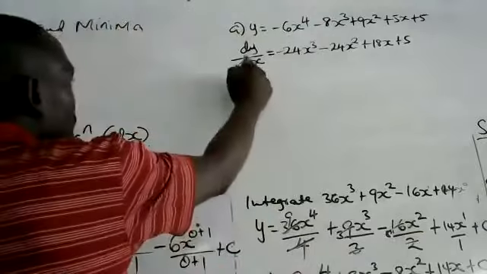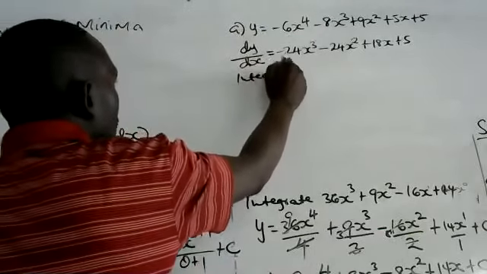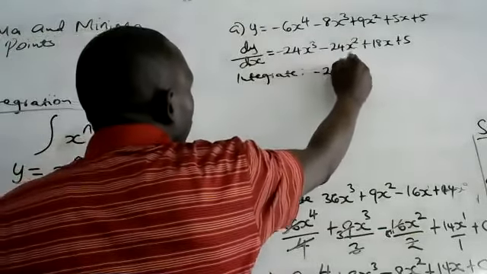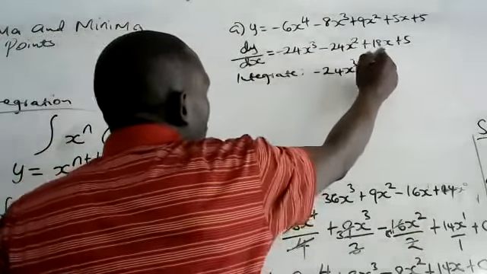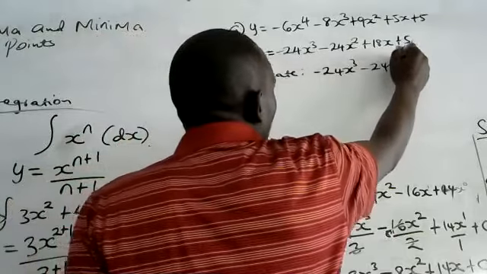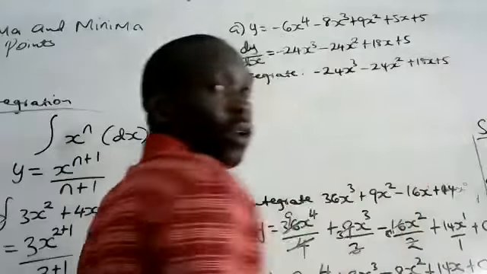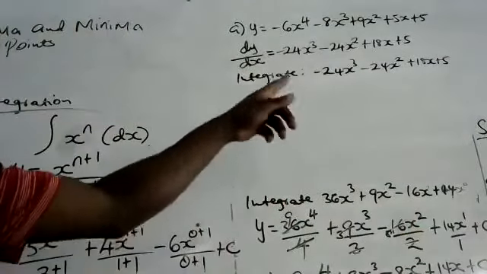So if you are told integrate negative 24x power 3 minus 24x power 2 plus 18x plus 5. You are told you integrate that.